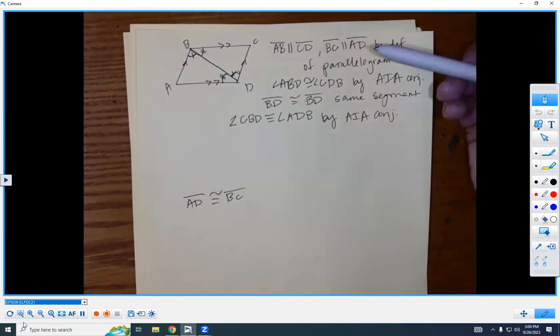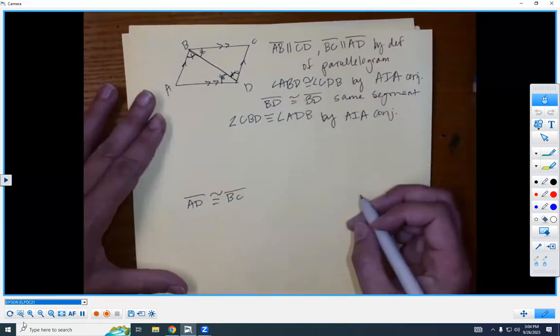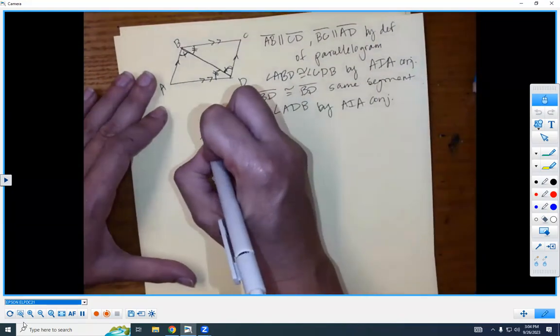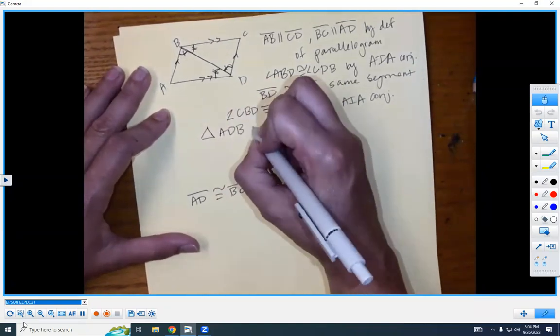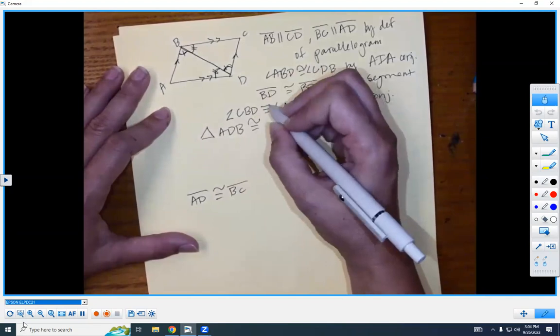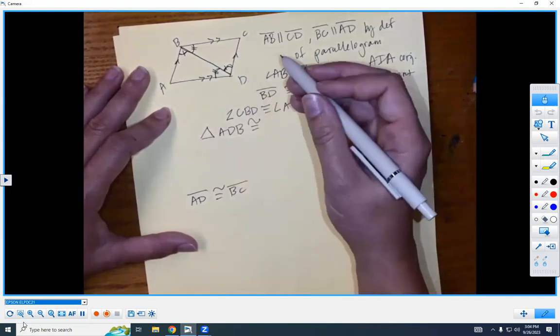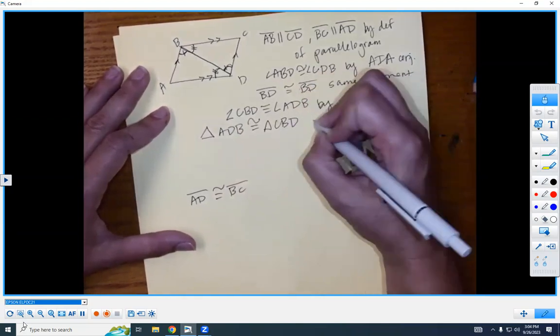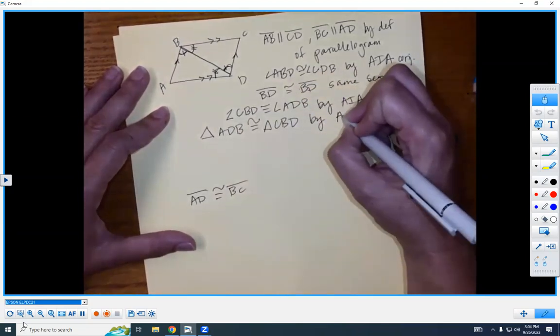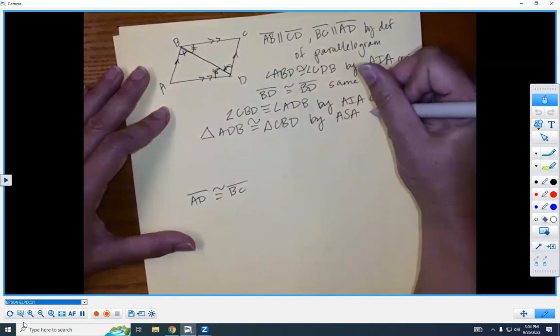Yep, now we did angle, side, angle. And we can say triangle ADB is congruent to triangle CBD by angle side angle conjecture.